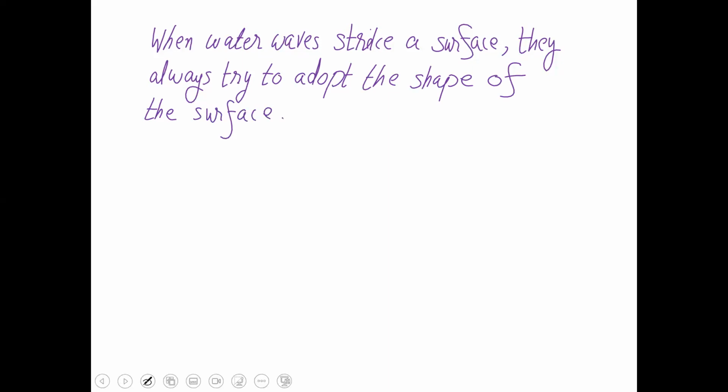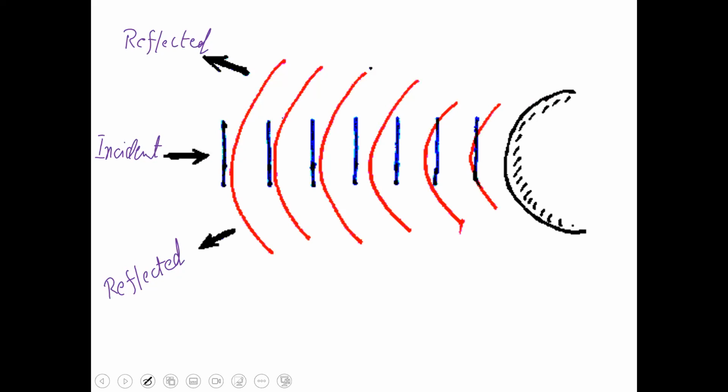You have to copy this. Now copy this diagram.